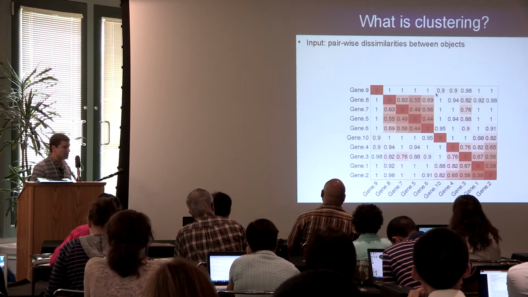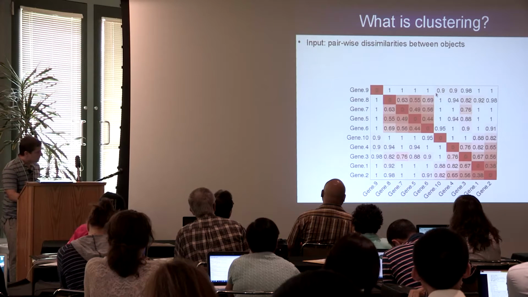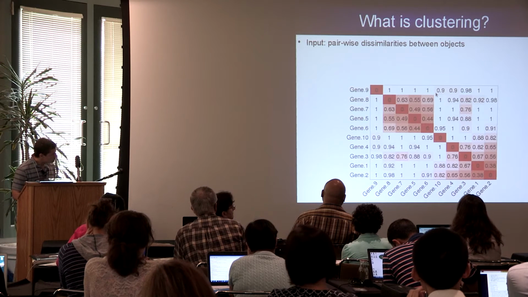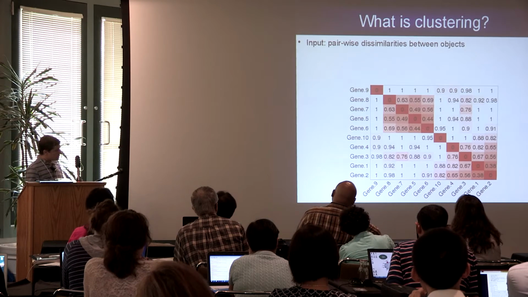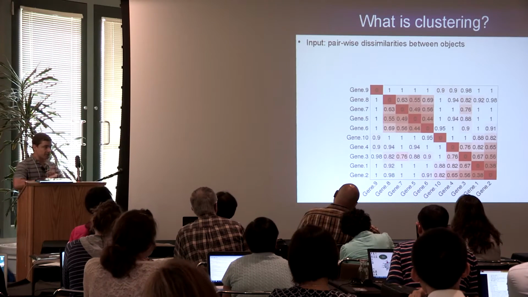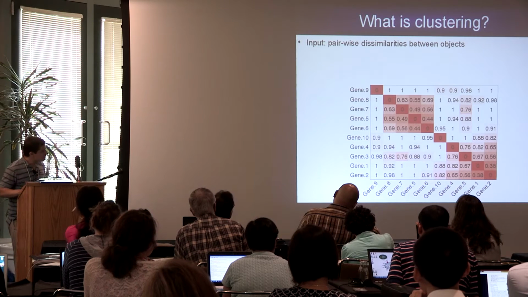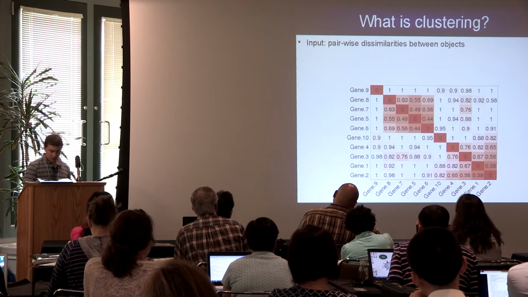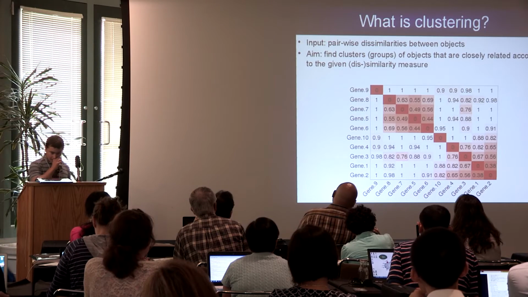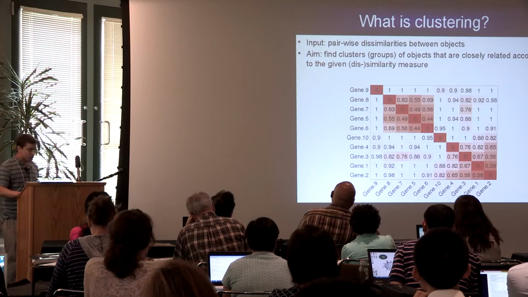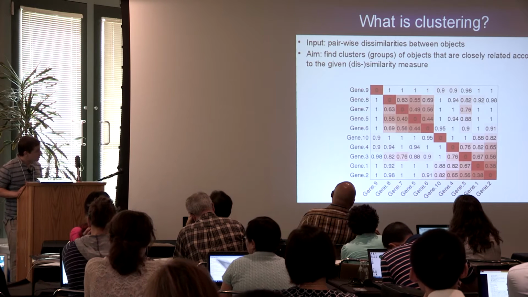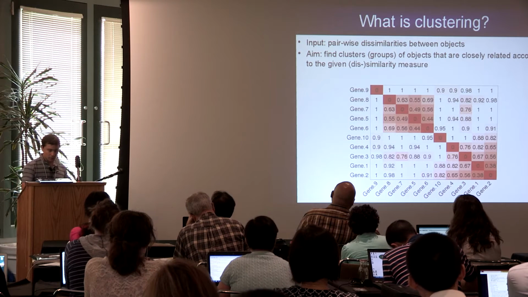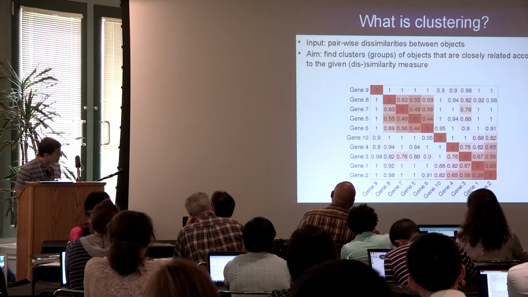And if it's a 0, it means the genes are very similar. If it's 1, it means they're very dissimilar. So you can think of it as a distance matrix. And the aim of clustering is to find groups, which are called clusters, of objects that are closely related, of course, according to the matrix here.